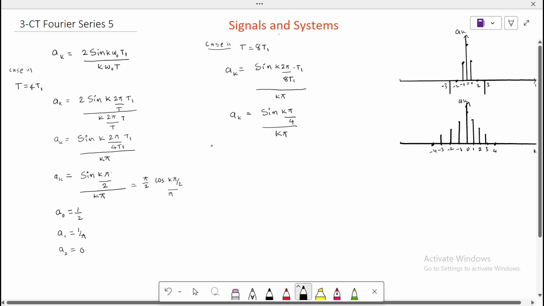In case 3, further it is increased, that is 16 T1.